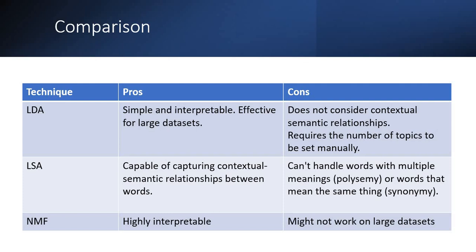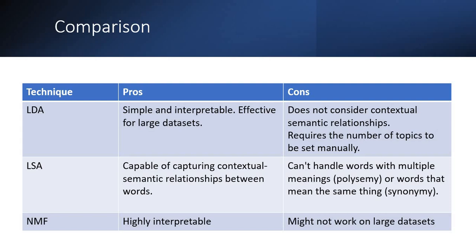So this is one of the drawbacks of LSA. Then we have non-negative matrix factorization or NMF. It is very highly interpretable, and in some cases, it is even more interpretable than LDA. But it has a very big drawback that it does not work very well on large data sets.